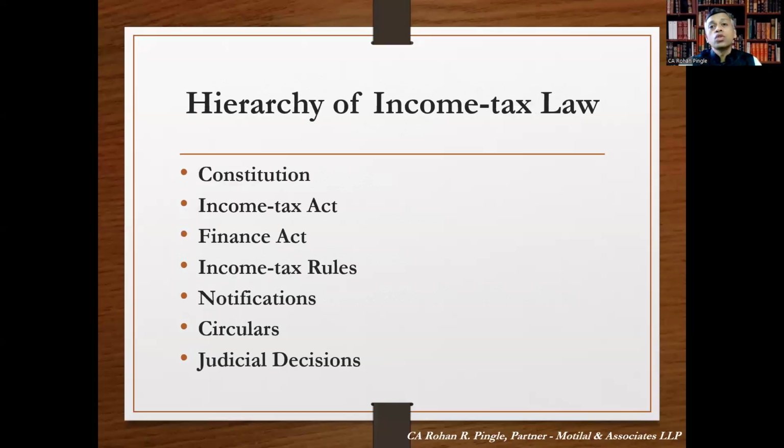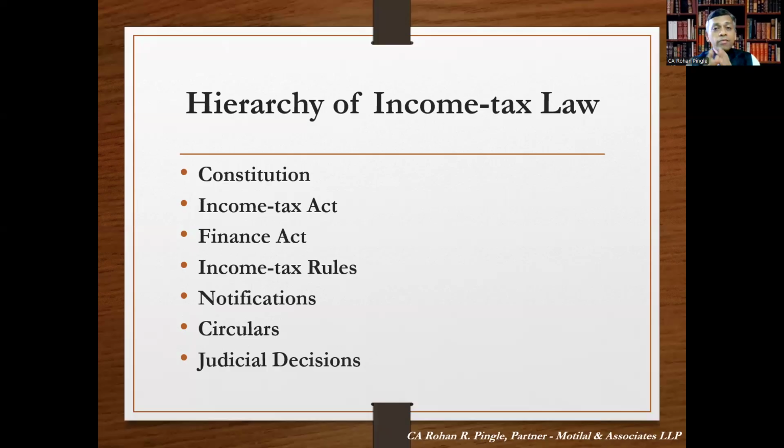Let's understand the hierarchy of the income tax law. Every tax provision derives its validity from a legal hierarchy. At the highest level stands the Constitution of India, which empowers Parliament to levy taxes on income. Next comes the Income Tax Act enacted by Parliament. Every year, the Finance Act amends various provisions and prescribes the tax rates wherever applicable.